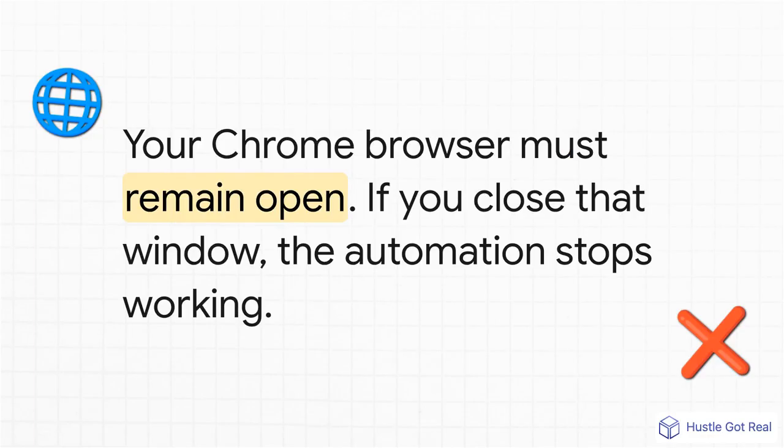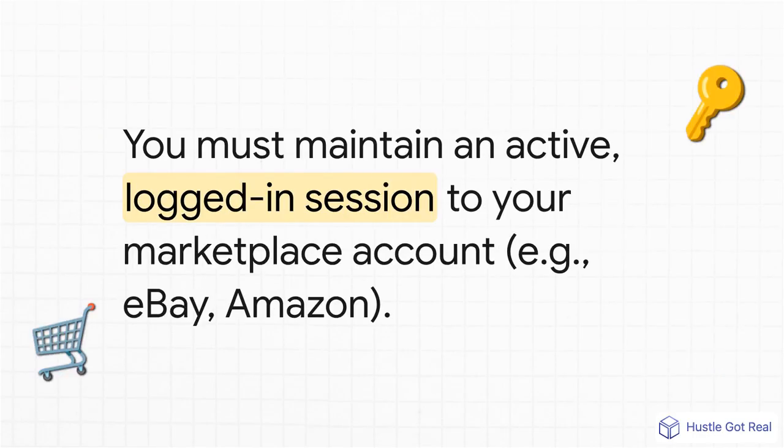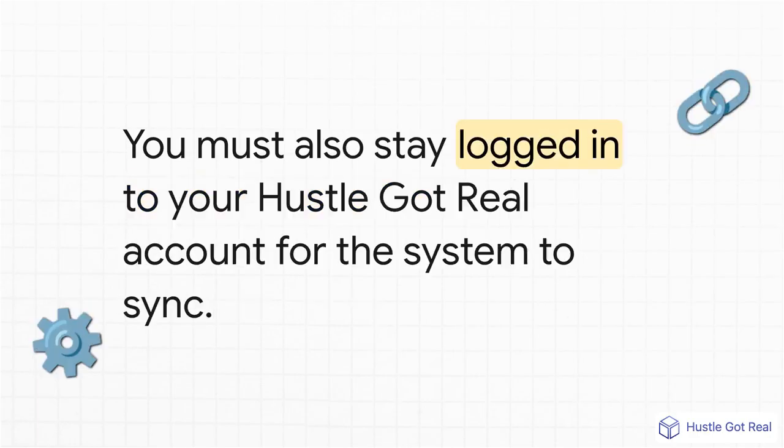The moment you accidentally close that tab, everything just stops, dead in its tracks. On top of that, you have to stay logged into your marketplace account, your eBay, your Amazon, whatever it is, right there in that same browser window. And last but not least, you also have to stay logged in to your Hustle Got Real account. It's like a chain with four different links. If even one of those links breaks, the whole system just fails.